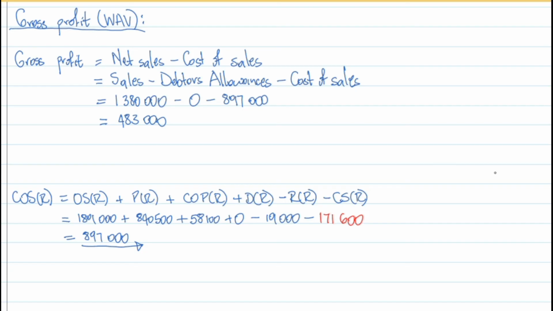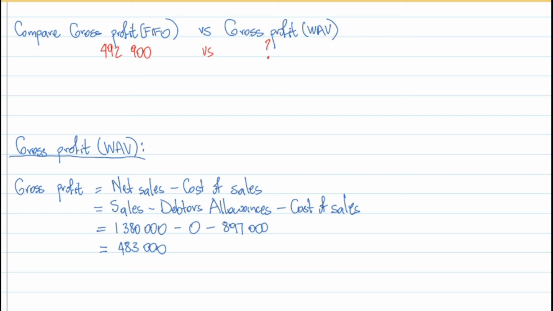So the difference between the two gross profits is going to be 492,900 rands under the FIFO method minus 483,000 rands under the weighted average method. And that gives us a difference of 9,900 rands. So if the company changes the valuation method from the FIFO method to the weighted average method, gross profit is going to decrease by 9,900 rands.